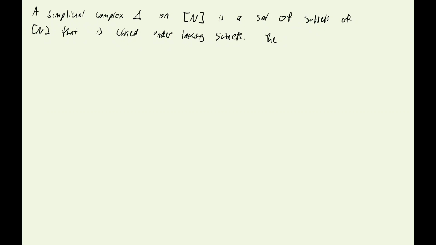But we can choose the set to be whatever we want. So this is just, for me, some set of integers. So the elements of delta are called faces.